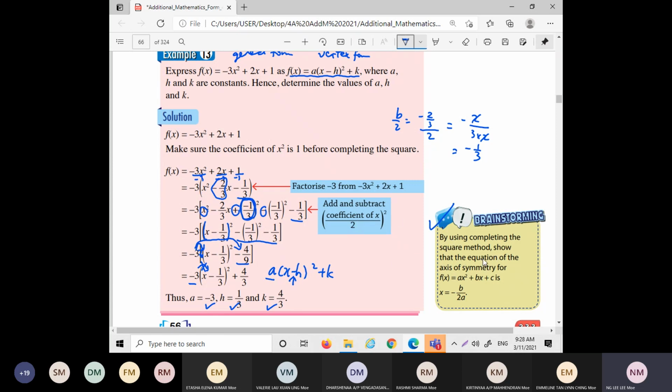Using the completing the square method, show that the equation of the axis of symmetry for this general form. I do completing the square, and after that I will get the axis of symmetry, which is actually the h.